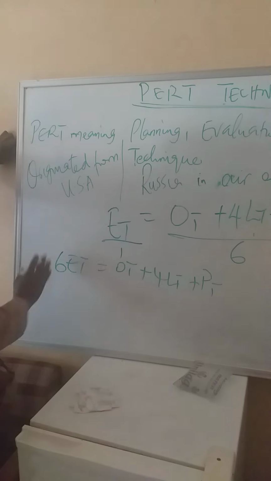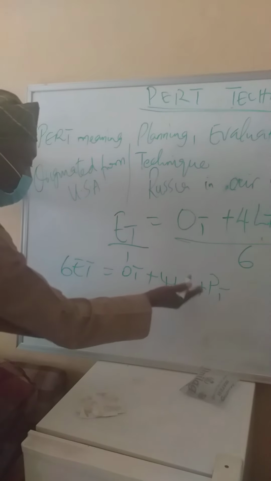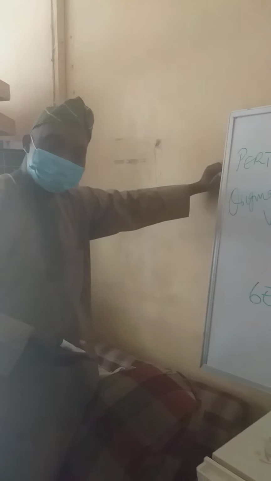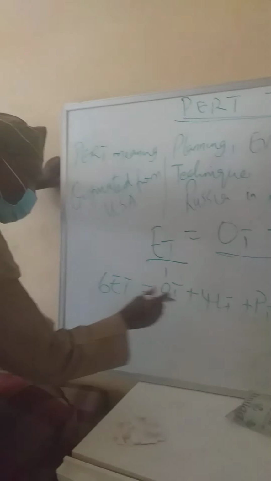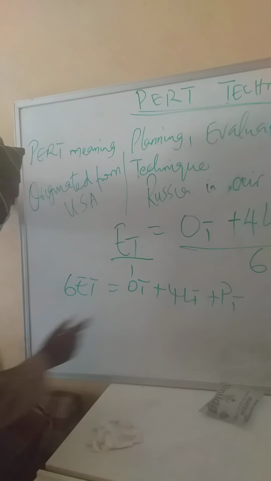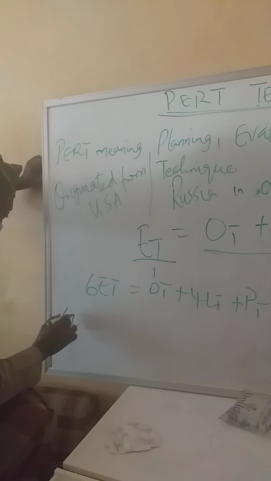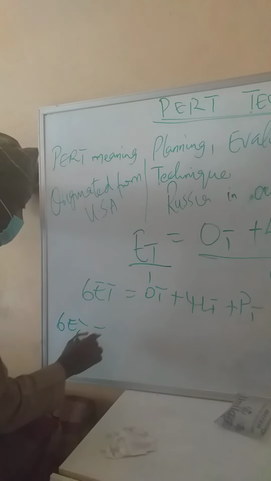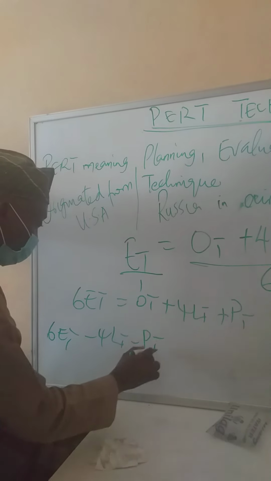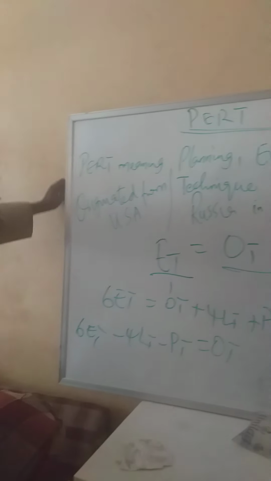When you bring something from one side of the equality to the other side, the sign changes. If it's plus, it will change to minus. If it's minus, it will change to plus. Once you transfer 4 LT and PT, 6 ET minus 4 LT minus PT is equal to OT.